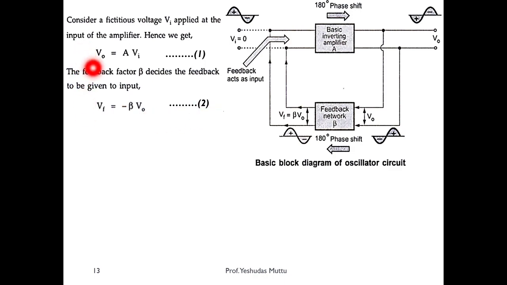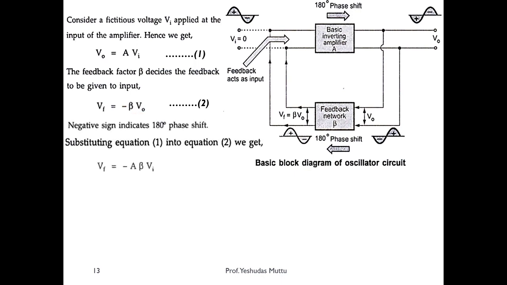Now substitute equation 1 over here. So what will it be? Vf is equal to minus beta A Vi, so you have minus A beta Vi. But what I had told you all, Vi doesn't exist.